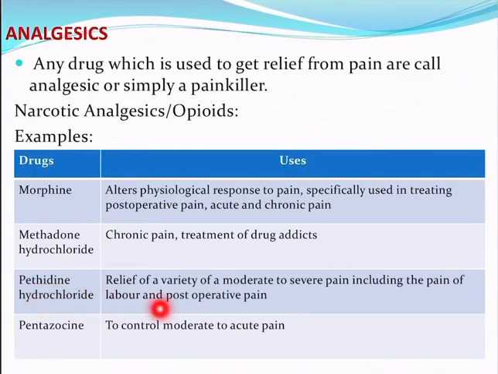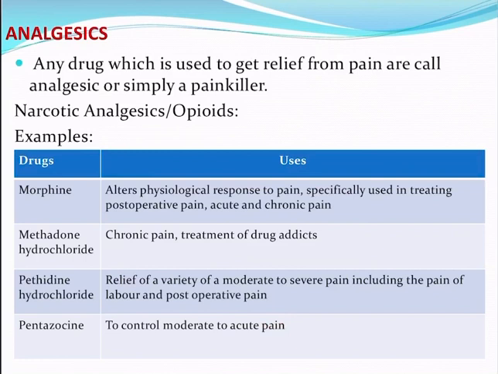This is used in the relief of a variety of moderate to severe pain, including the pain of labor and post-operative pain. The next one is pentazocine. This is used to control moderate to acute pain.